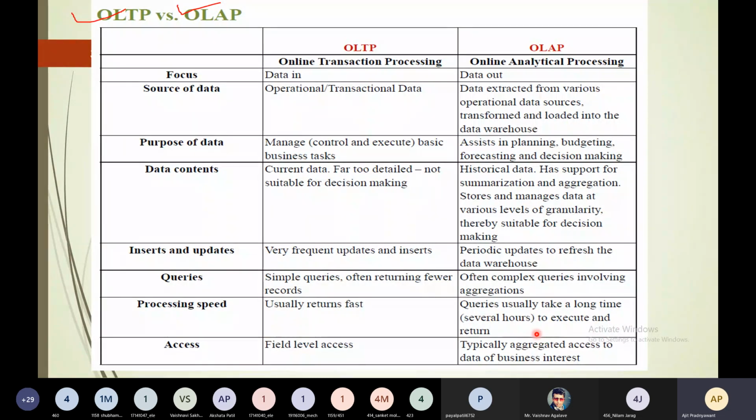There is a huge amount of data and very complex queries, so it requires some time to execute and return the result. What is the OLTP access? Field level access, whereas in OLAP, typically aggregated access to data for business interest.